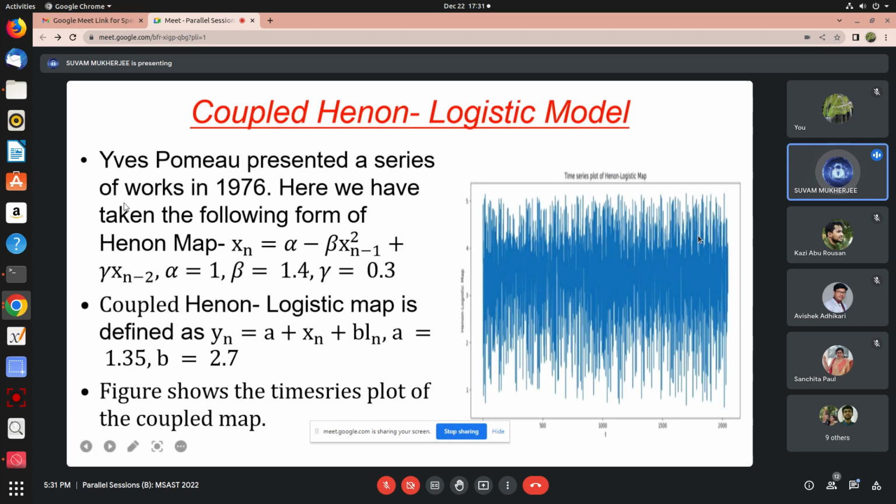The values of alpha, beta, gamma have been mentioned, and we have used the coupled Henon-logistic map as follows, where y_n is defined as a plus x_n plus b plus l_n, where x_n comes from the Henon map and l_n comes from the logistic map. In this case, we have considered a equals 1.35 and b equals 2.7, and the figure shows the time series plot of this coupled map.